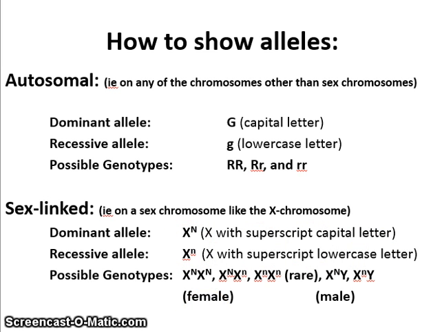What this means for sex-linked alleles is that there are 5 different types of possible genotypes. We can have X capital N, X capital N; X capital N, X little n; and X little n, X little n. All of those 3 individuals will be female, but their phenotypes may differ. And there are 2 possible genotypes for males, X capital N, Y, and X little n, Y, respectively.